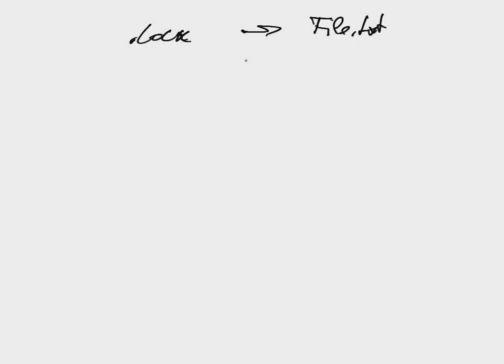If it's some kind of database file, this lock may not be on the entire file, but on some page of the file, like, I do not know, a customers Microsoft database. Then these locks are on 4 kilobyte pages inside this file.